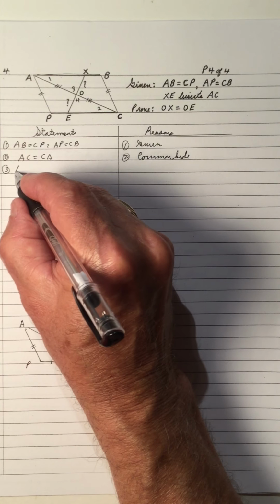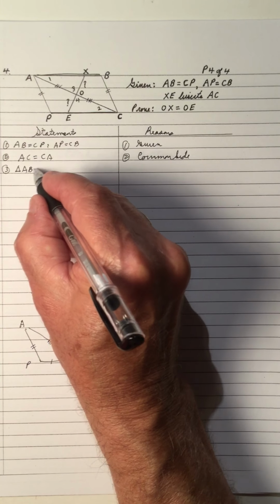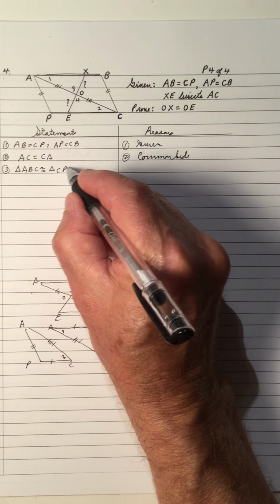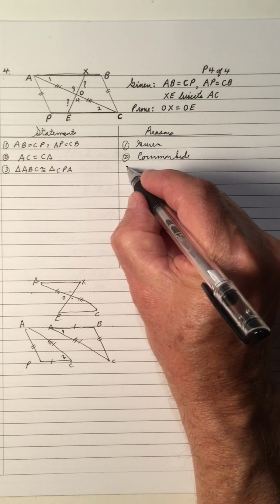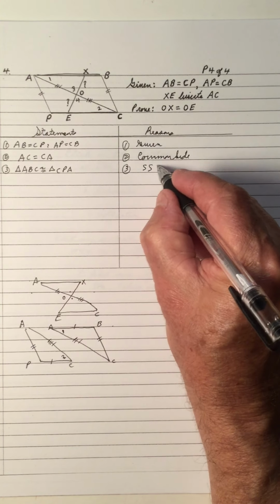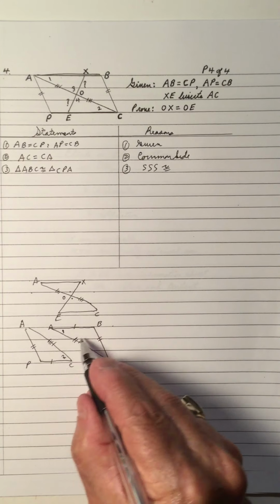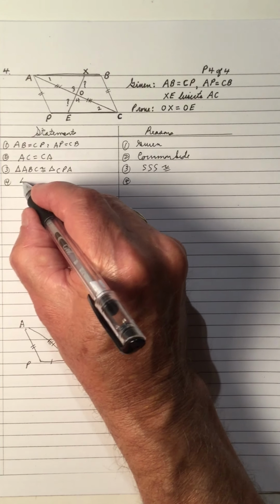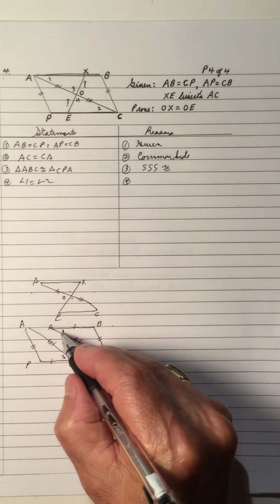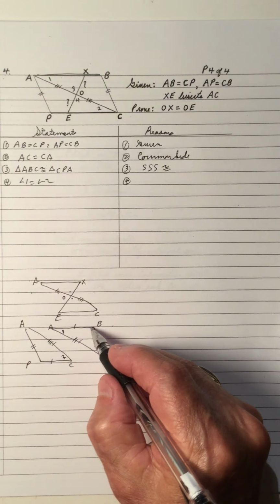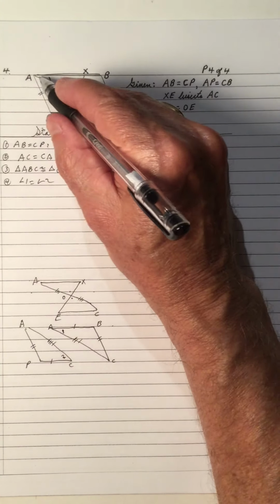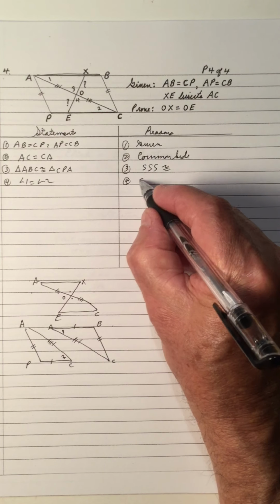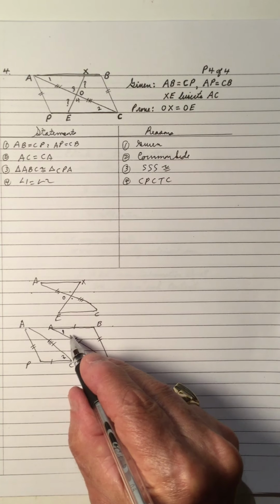So that means the triangle ABC is congruent to the triangle CPA, and it's an SSS congruency. And as a result, we have angle 1 equals angle 2. Angle 1 is BAC, and PCA is angle 2. And that's CPCTC in these two triangles.